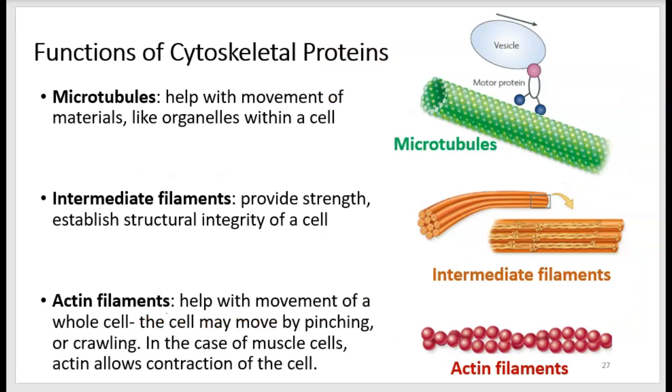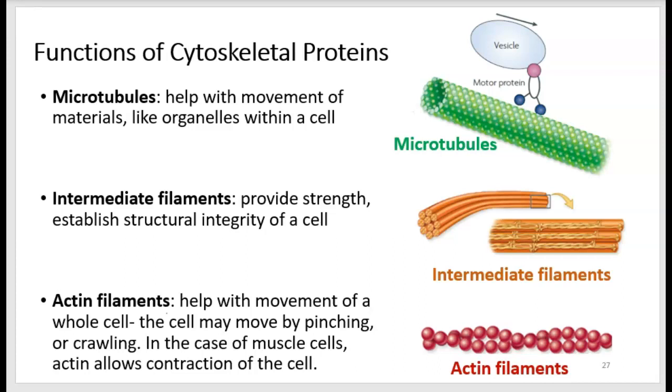So let's look at the functions of these different cytoskeleton proteins. Microtubules help with the movement of materials inside of a cell. So this picture on the top shows a green microtubule made up of tubulin subunits. So it's a long green microtubule.